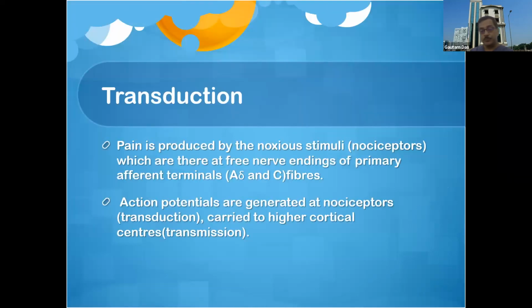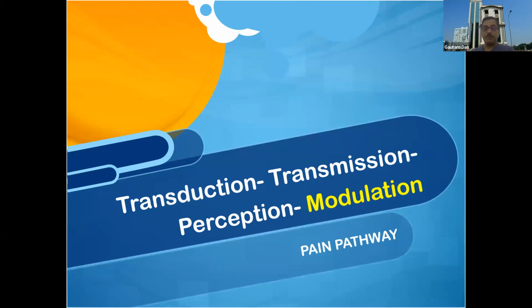So let us start. We know that the pain pathway can be broadly divided into 4 headings: transduction, transmission, perception, and modulation. I have given modulation in a different bold color, a yellow color. Why? Because in our undergraduate and postgraduate studies, we know about the first 3 steps: transduction, transmission, and perception.